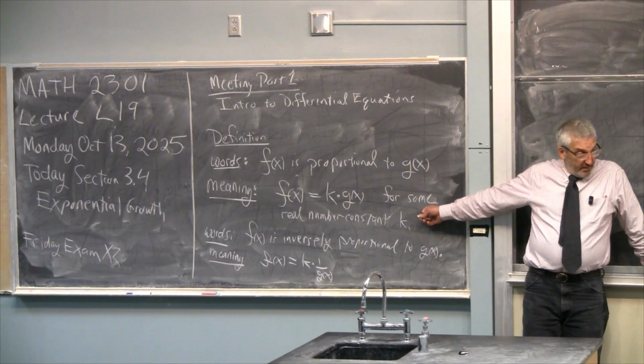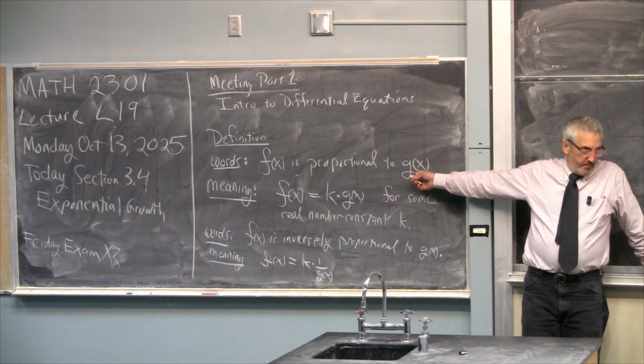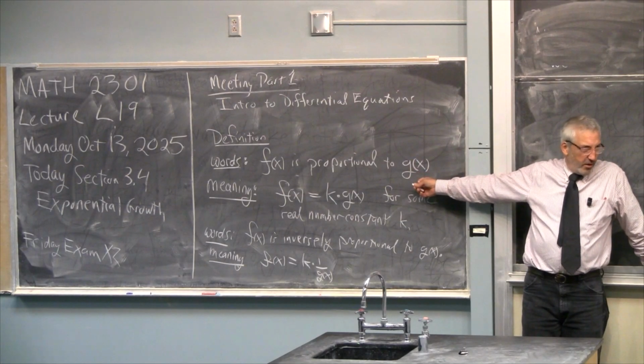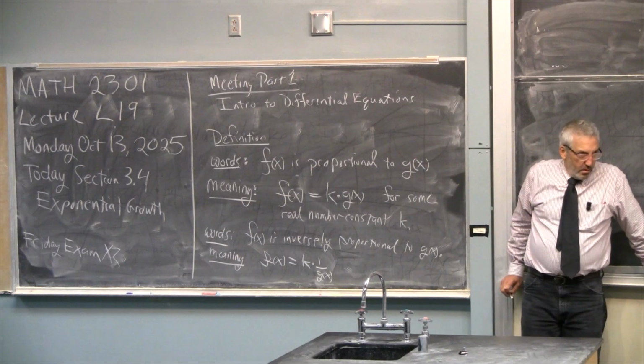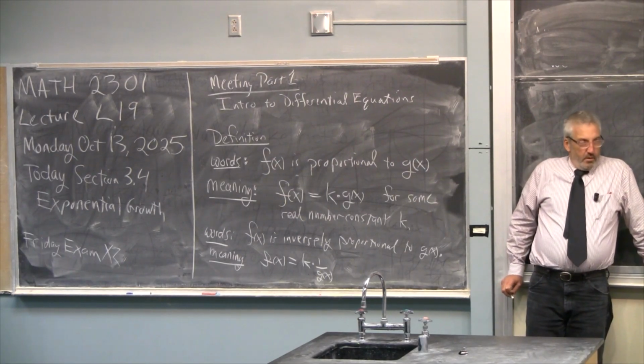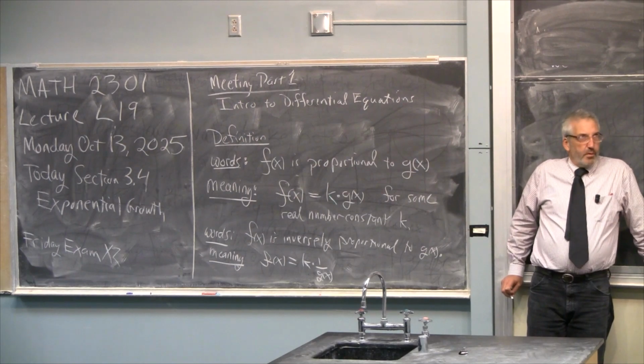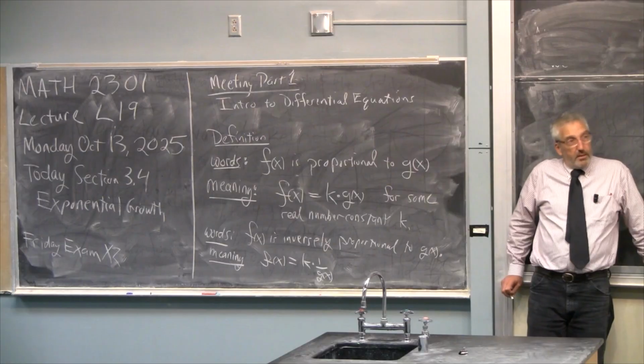But the significance of this definition is all the other stuff that the words don't mean. There are a lot of times in common English usage where people will throw around the word proportional, and it doesn't reference this definition at all. You talk about a proportional response to something. Well, that just means if somebody did something big, then you do something big.